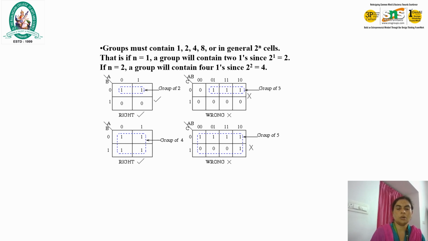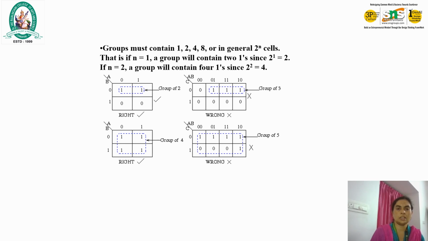In the bottom image, the group of 4 is right. On the right side, for the variables A, B, C, it is grouped as 1, 1, 1 and 0, 0, 0, 1, which totally contains five cells, so it should not be grouped.